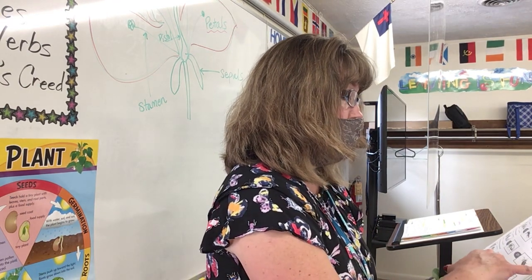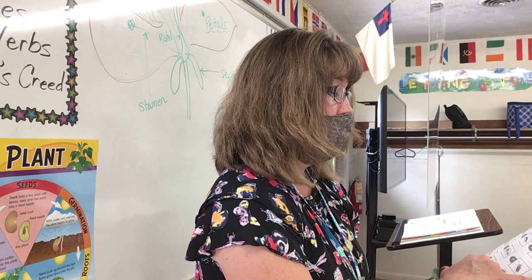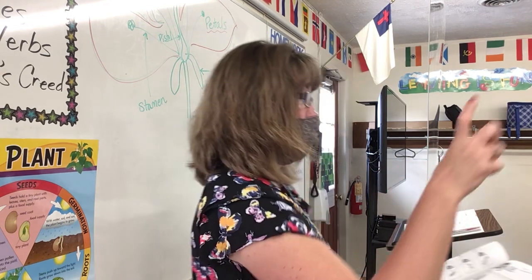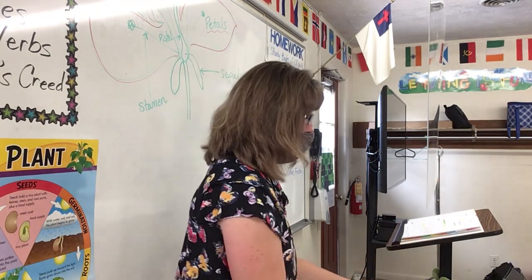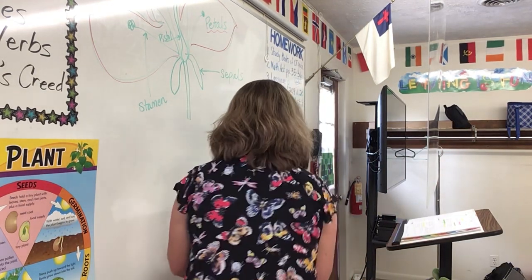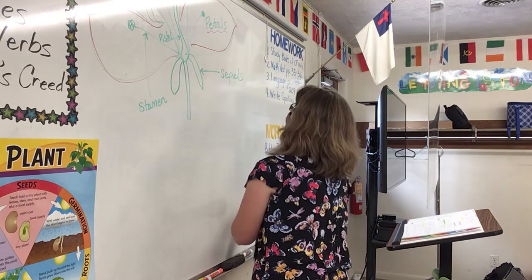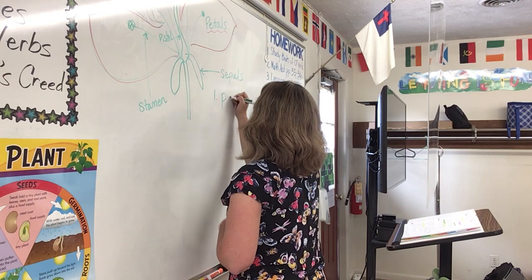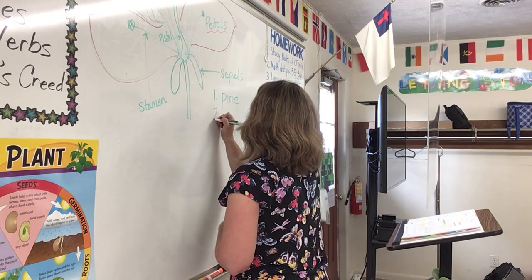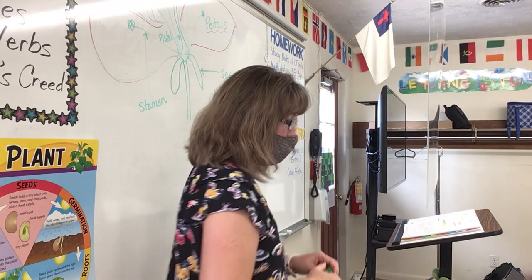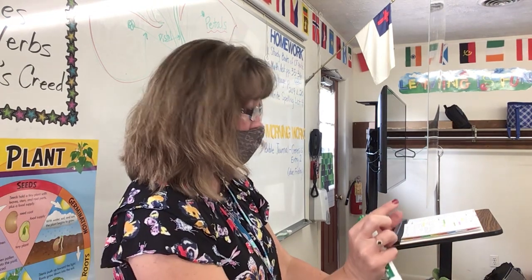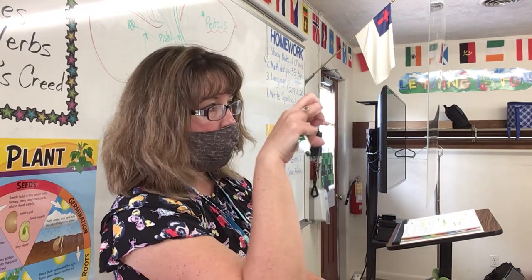So who can tell me the name of number 1? Pine. Remember that, right? Pine. Remember the real long needles? That was a pine tree. You can just write pine. What about number 2? Remember the needles that are real short and they have their little baby pine cones?